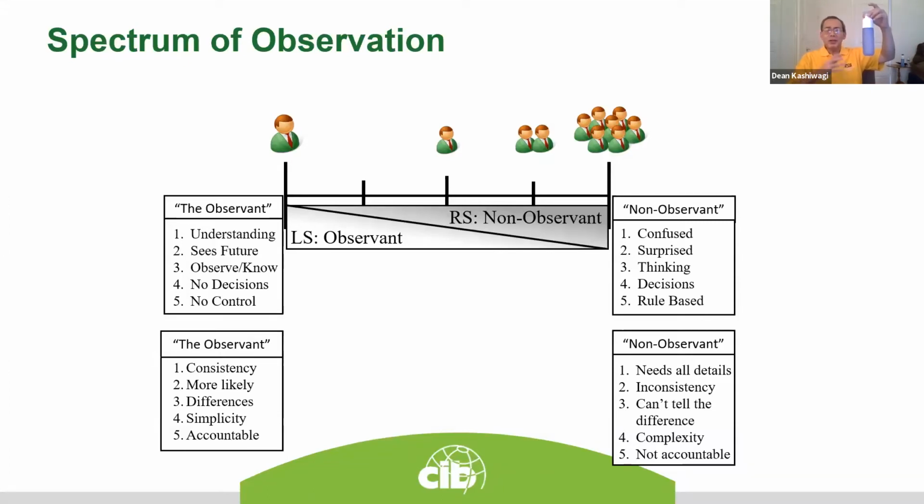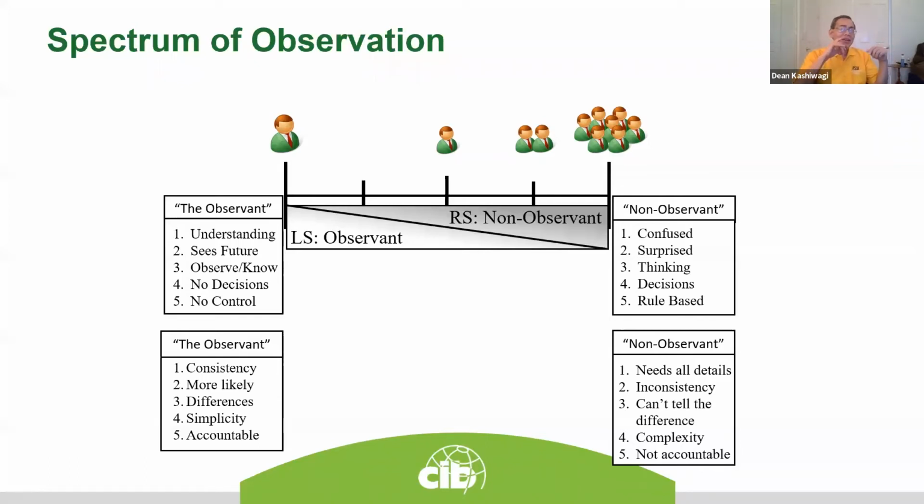The expert who understands the law of gravity, do they have to think more or think less? They don't have to think because by observation, they actually know what's going to happen before it happens so they can see into the future. They do not think. They do not make decisions about something that they're expert at.